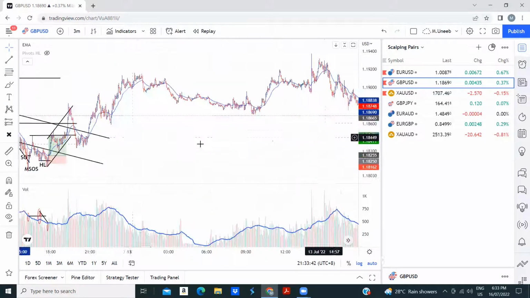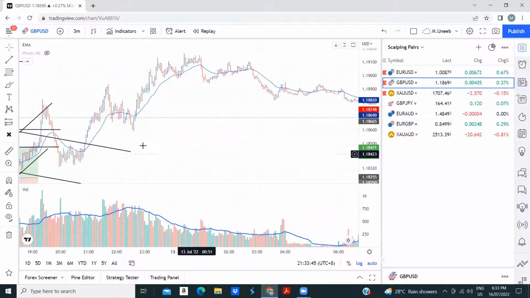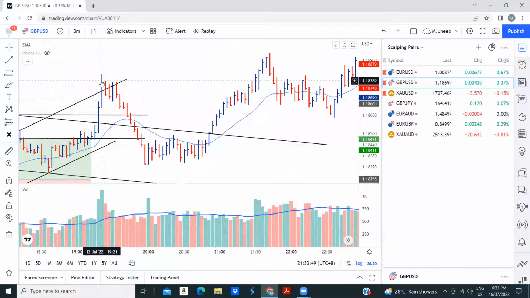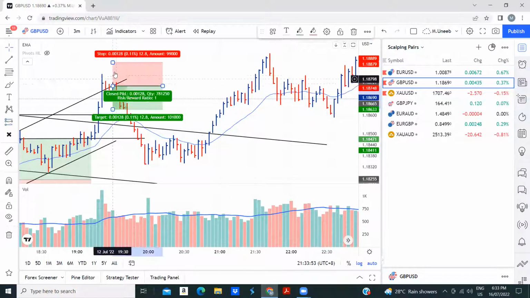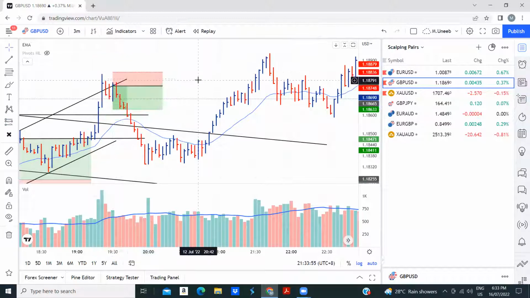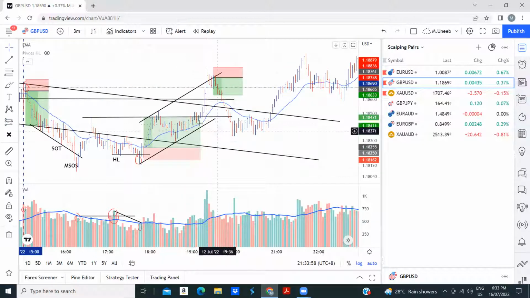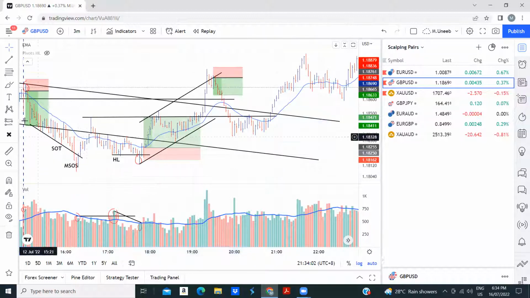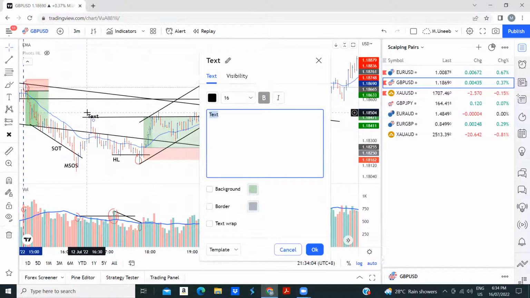Okay. And now what happens here? The price makes a test of overbought, and our bias was already what? But remember that this was an AR line. If this is MSOS, then this would be AR, right?